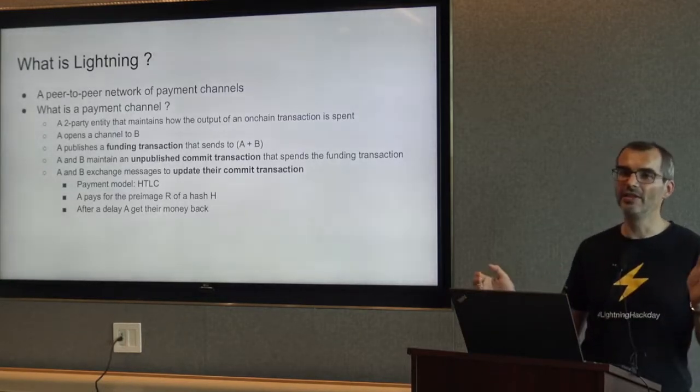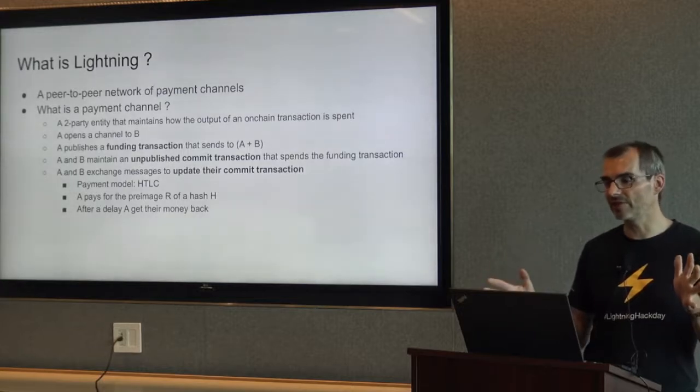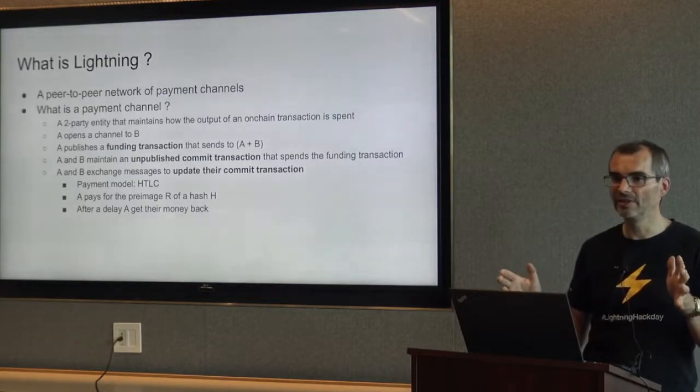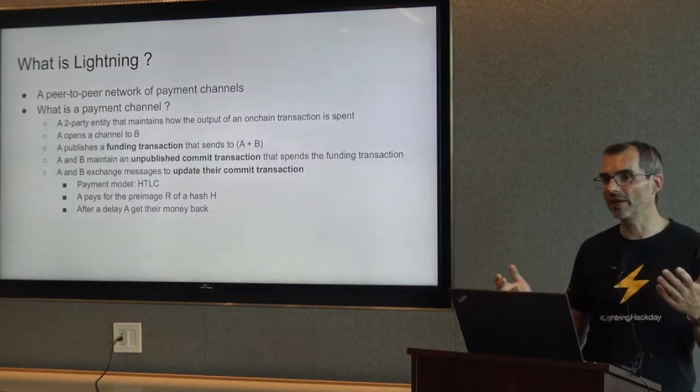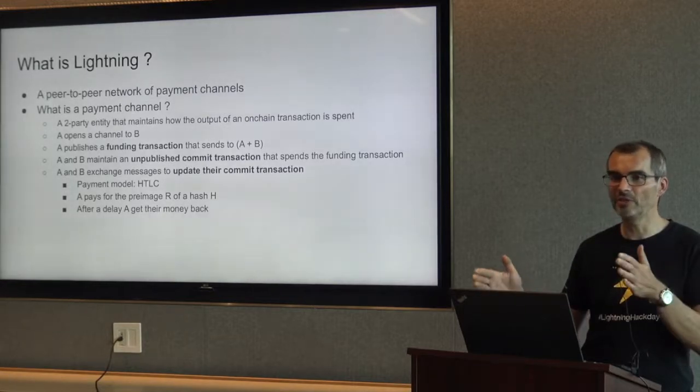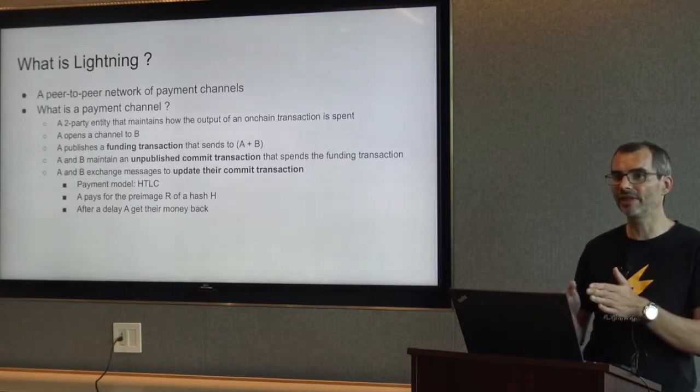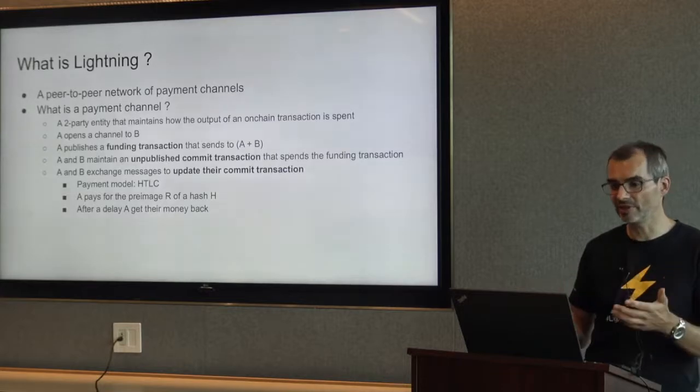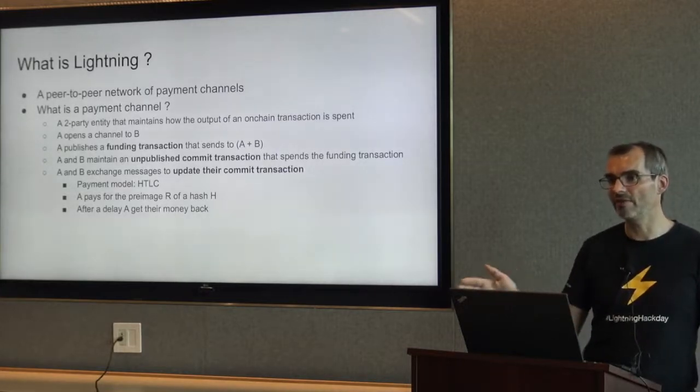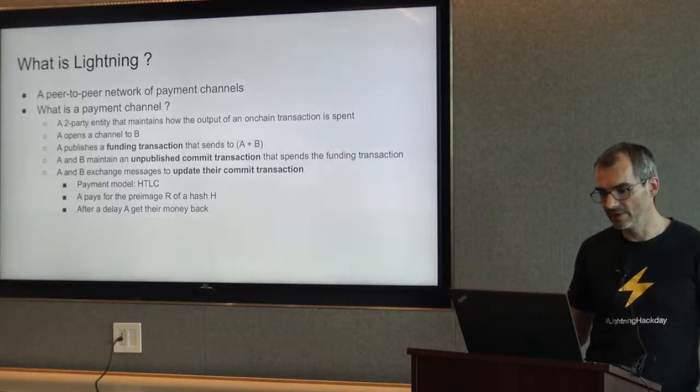So basically, you can think of the funding transaction as a joint account, and the way the money is split in the joint account is reflected in the commitment transaction that we update to shift how the money is spread.